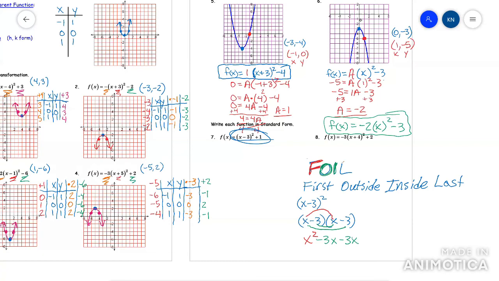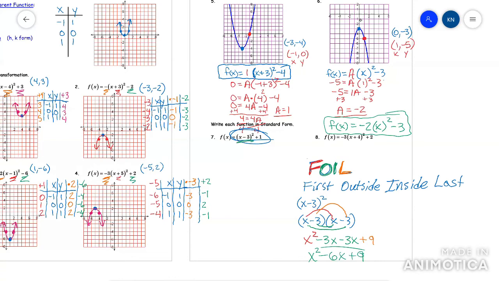And then I have the L. The L stands for last. It's your last number times your last number. Just watch your negative signs when you do the L. So this is -3 times -3, which makes +9. Now you'll have to combine like terms in the middle. So this is really x squared minus 6x plus 9.